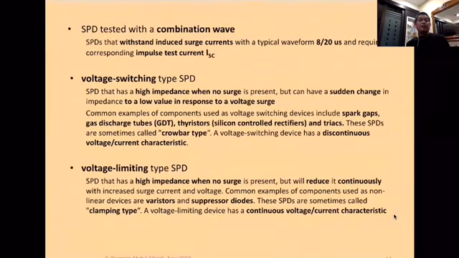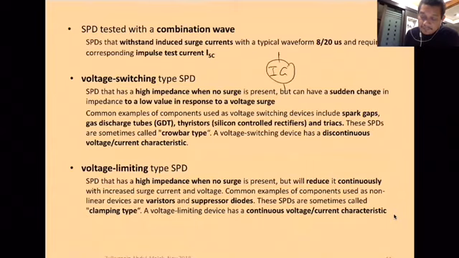Okay, there are many testing waves also. There is also the so-called combination wave. A combination wave is basically when there is a generator here, an impulse generator. It has a certain surge impedance, and this is your test object.